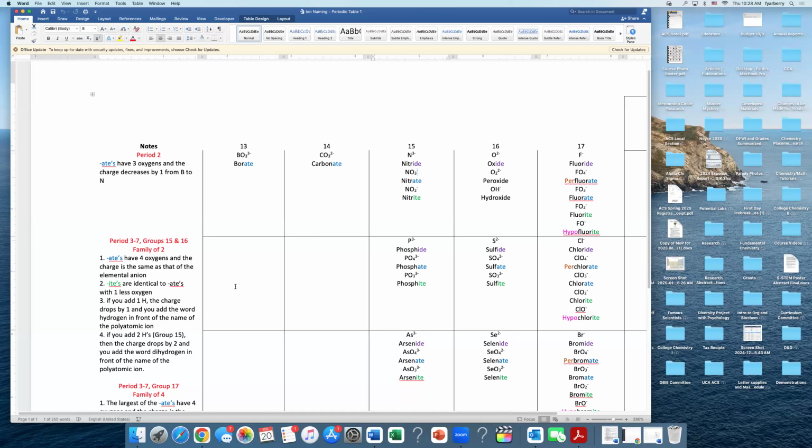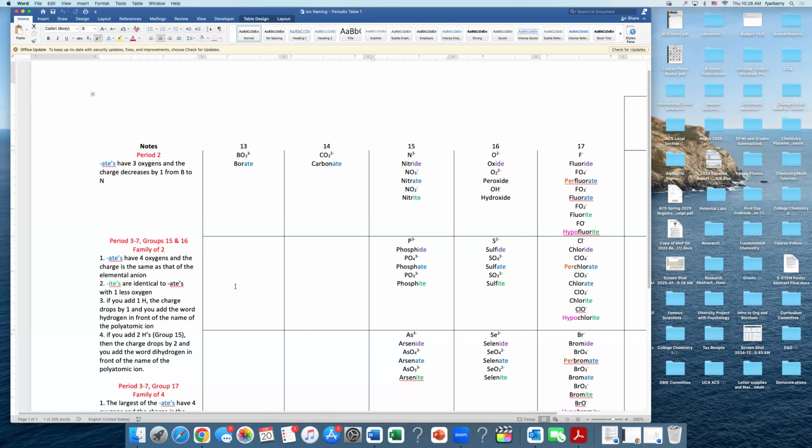Now, group 17 is known as a family of 4 when it comes to the polyatomic ions. If you look at the polyatomic ions, you will notice that they go down. Look at the ATEs and the ITEs. You will notice that basically those 4 polyatomic ions differ by 1 oxygen each.